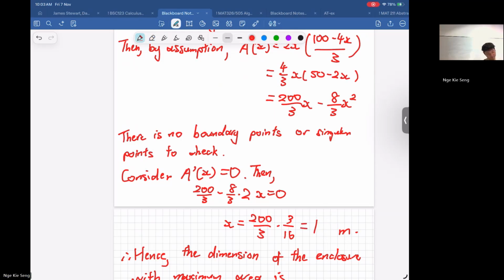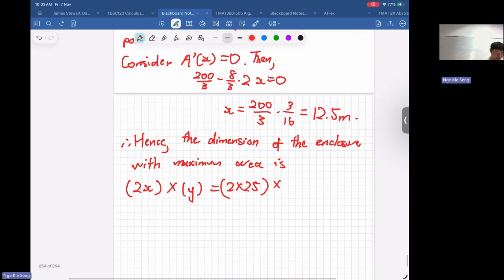So 200 divided by 16, what do you get? 12.5. Good.